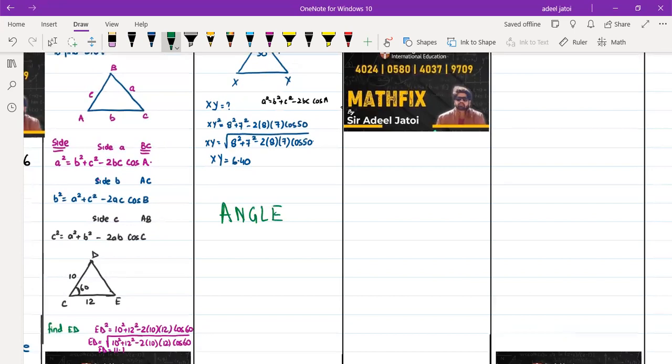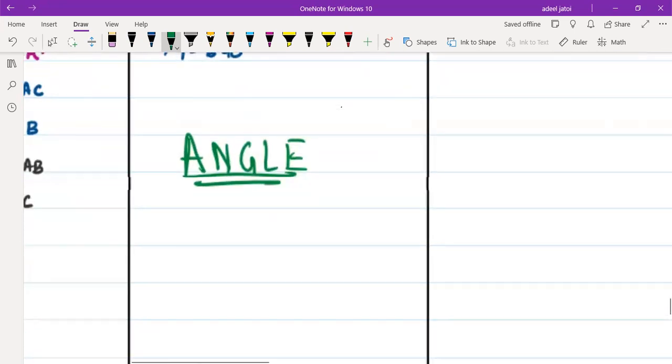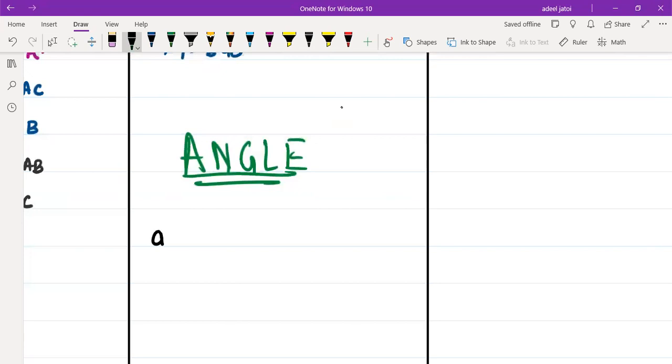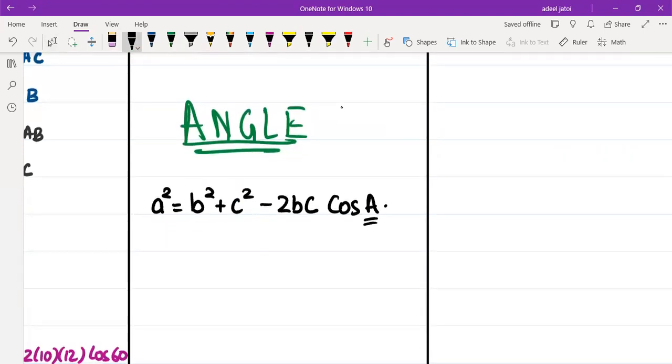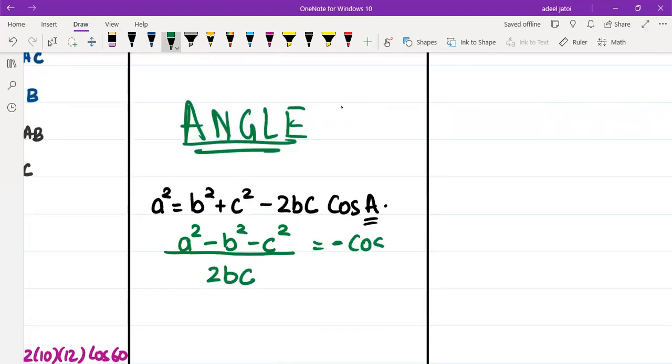Now, the formula generally was a square is equal to b square plus c square minus 2bc cos A. Since we need to find angle A, this should be a square minus b square minus c square upon 2bc will be minus cos A.